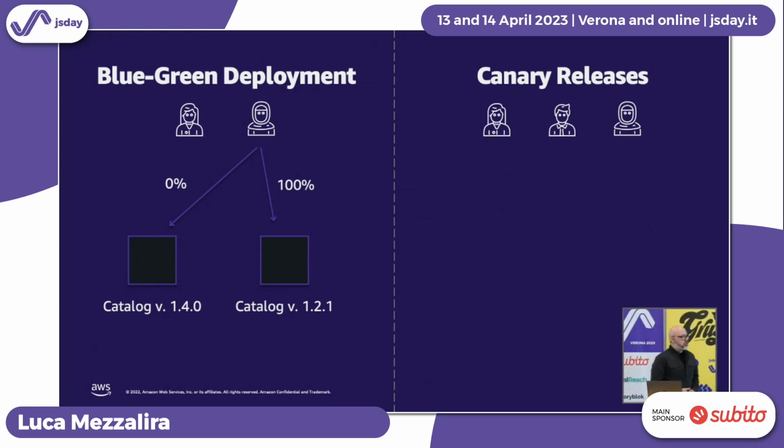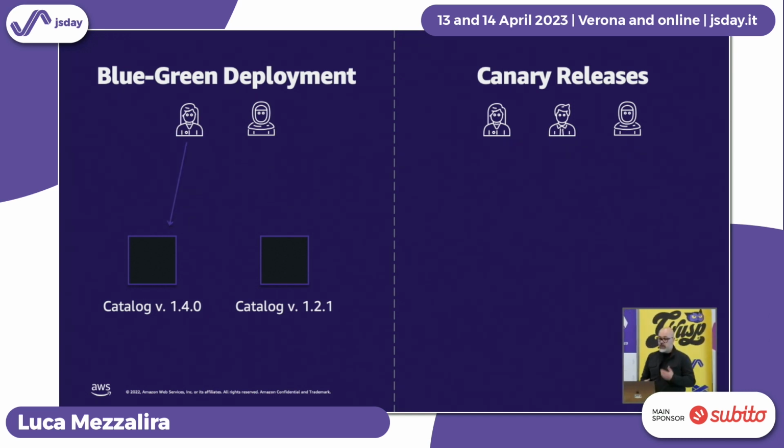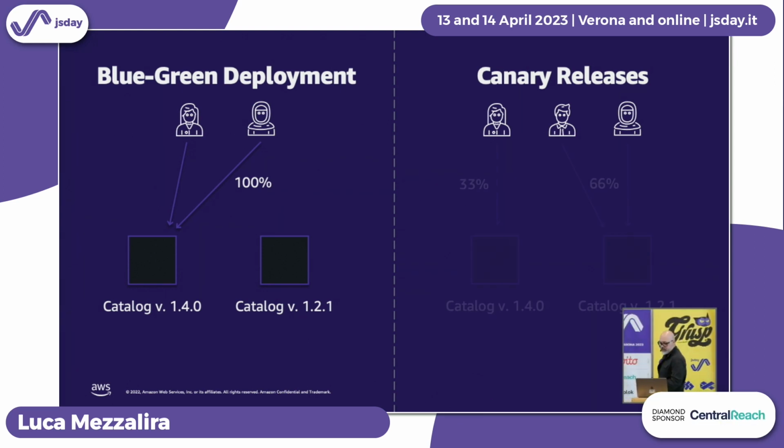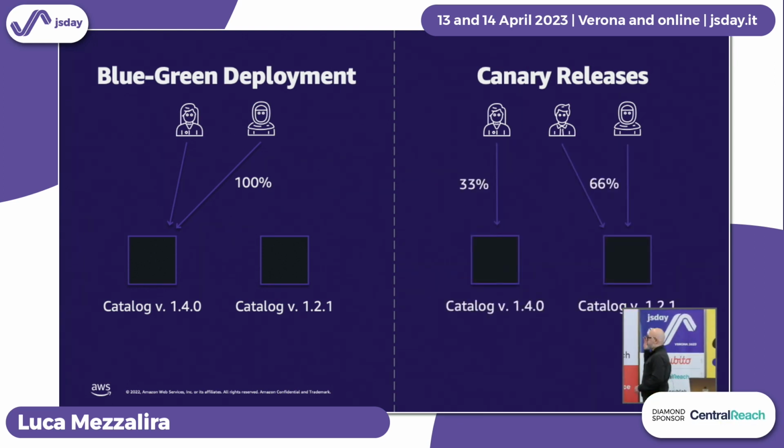We deploy a new version, 1.4.0, and then suddenly our developers can start to work on and test the new version in production without others knowing that it exists. Fantastic. When we are happy with that, we redirect all the traffic towards the new version. Simple, easy, elegant.